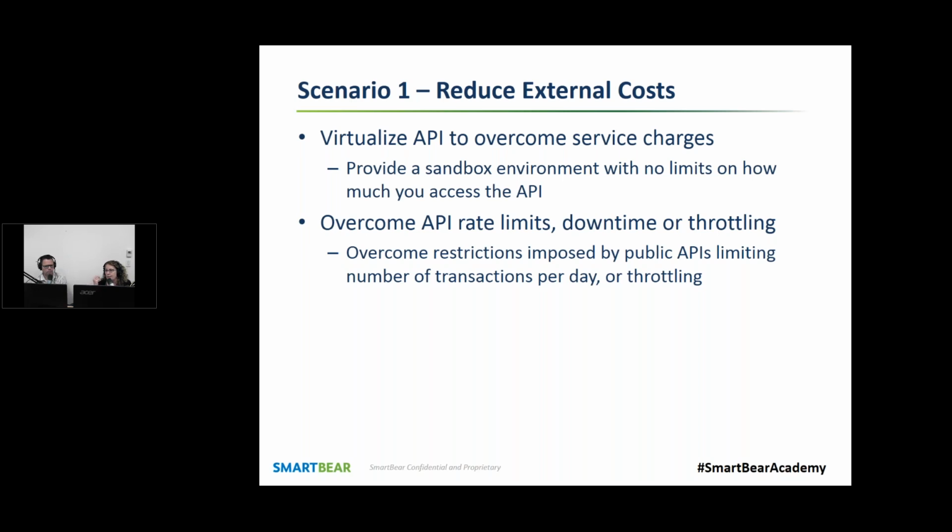But basically, you're getting charged for every access. If you're doing a lot of testing, if you're doing performance work, if you're doing all sorts of things like that, you can imagine really quickly exceeding your financial expectations of what the testing is going to cost you. So virtualizing the API would allow you to not have any service charges whatsoever, and have no limitations on it.